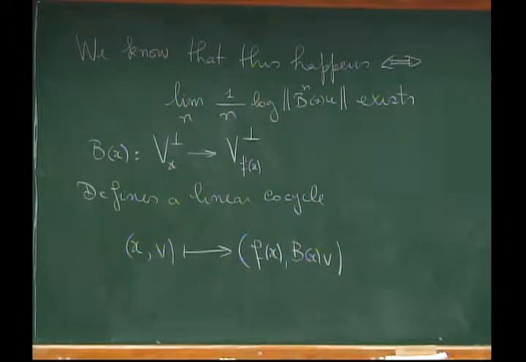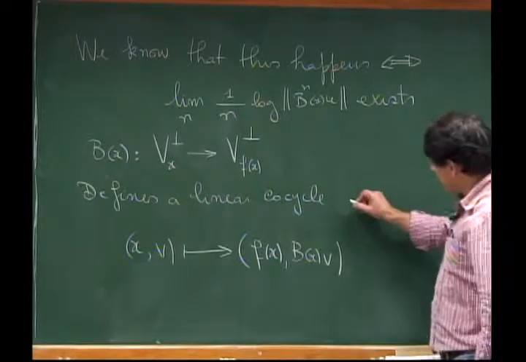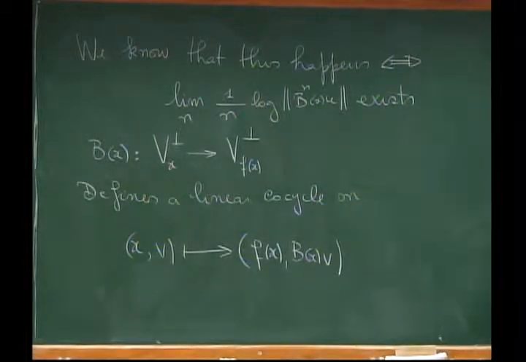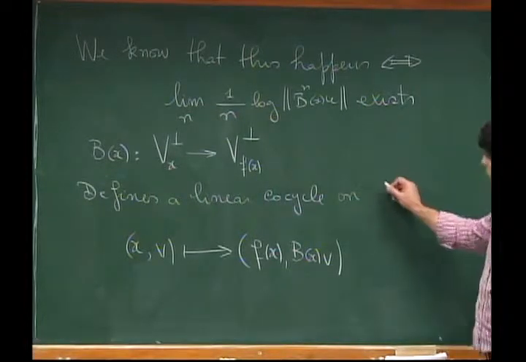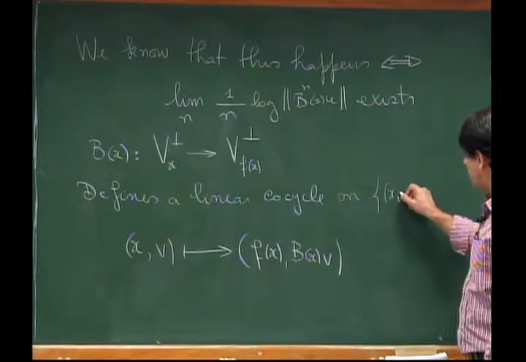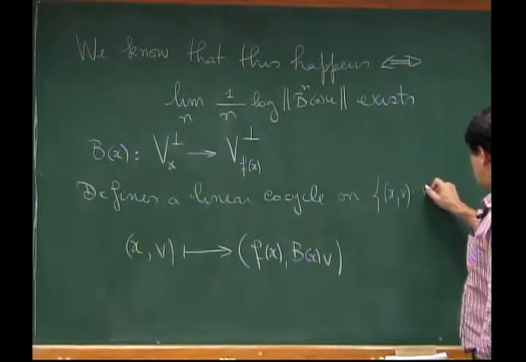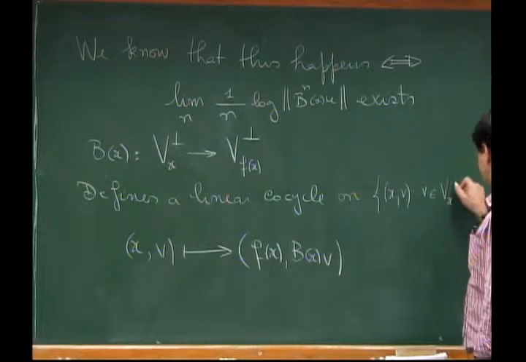The one thing I'm not quite able to write down here is the domain of this linear cocycle. The domain is the set of points (x, v) such that v belongs to Vx orthogonal.